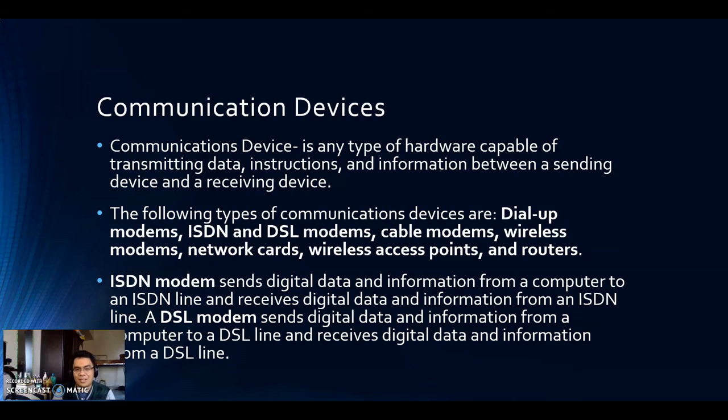So what are ISDN and DSL modems? For those who do not know, an ISDN modem sends digital data and information from a computer to what they call an ISDN line and receives data and information from an ISDN line, whereas a DSL modem sends digital data and information from a computer to a DSL line and receives digital data and information from a DSL line.